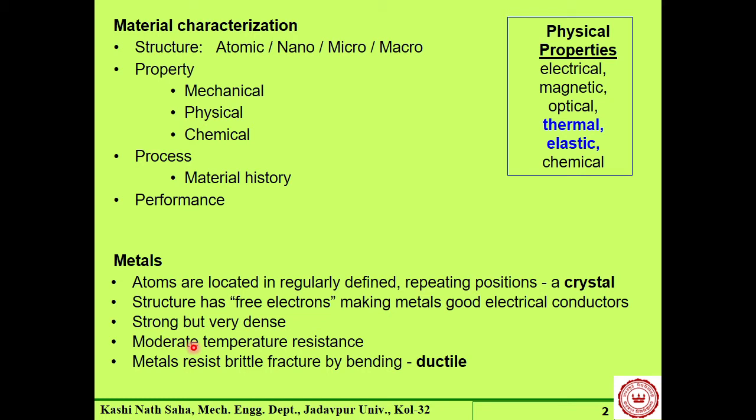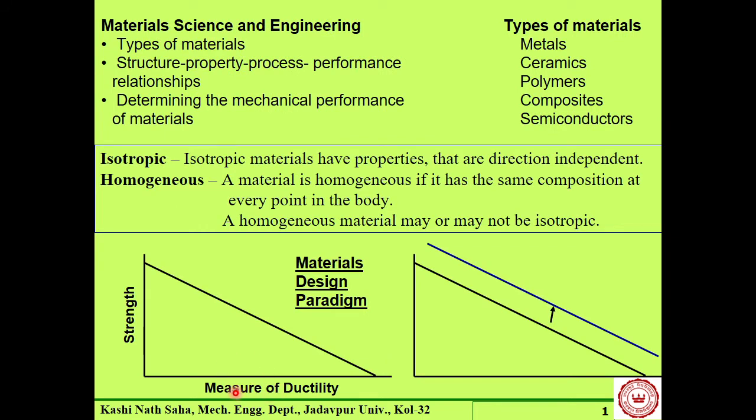Say melting point is a measure of this temperature resistance. And metals resist brittle fracture by bending, but there are certain materials which are brittle, like cast iron again. But in general, metals are ductile. That means they can take up some amount of deformation before failure, which is the measure of ductility here.